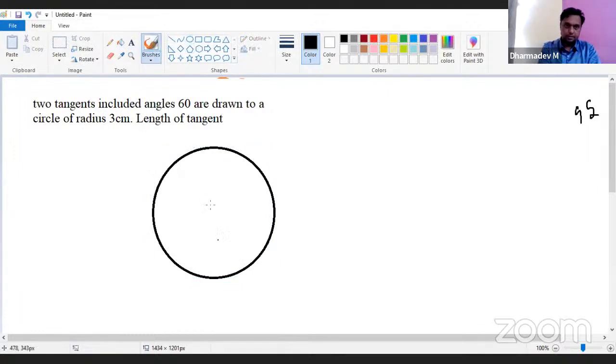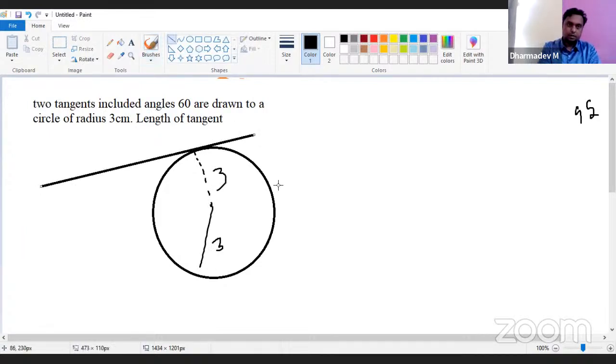I'm having this as the center point. The radius is 3. Two tangent lines are drawn, 1 and 2. So this distance is 3, up to the connecting point.